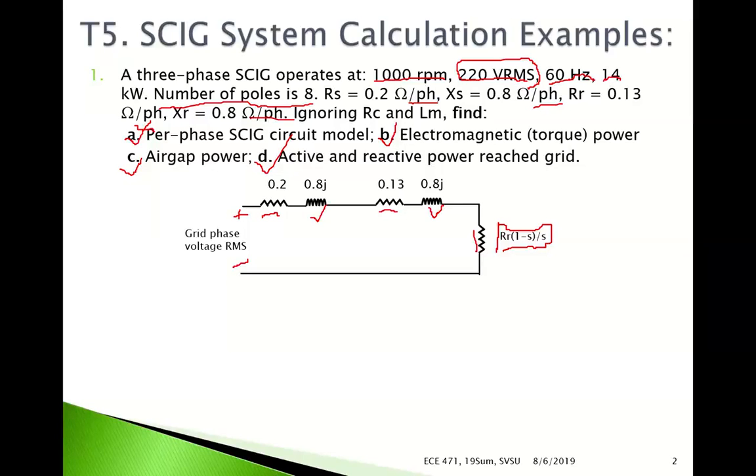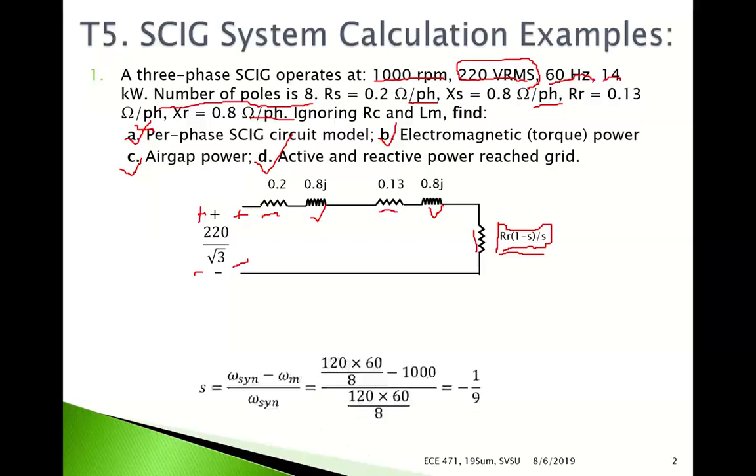Sorry about the box, it is not very neat, but anyways, we need to deal with these 2 things. First of all, the phase voltage RMS value: because the given is again 220 volts line voltage, we need to divide by square root 3 to have the per phase voltage in RMS value, following also this polarity, very important.